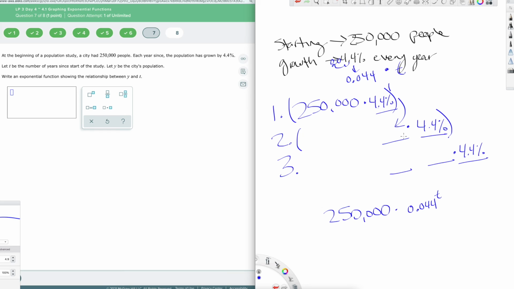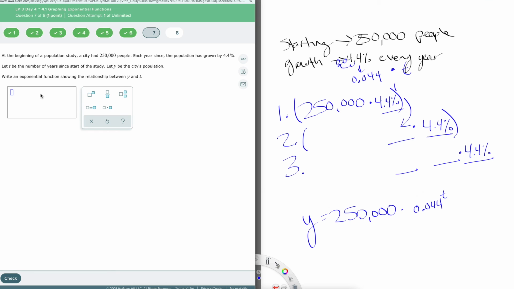If I had 2, I had two 4.4s. If I had year 3, it was three 4.4s. In year 4, I'd have 4 of them. So the number of years is the exponent. That's how many times I'm going to multiply by itself. And this is going to equal y, which is the city's population.